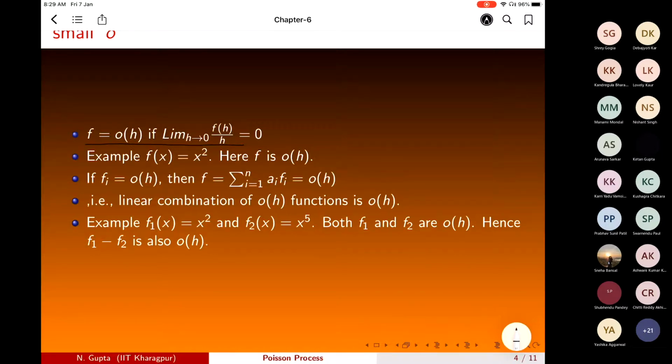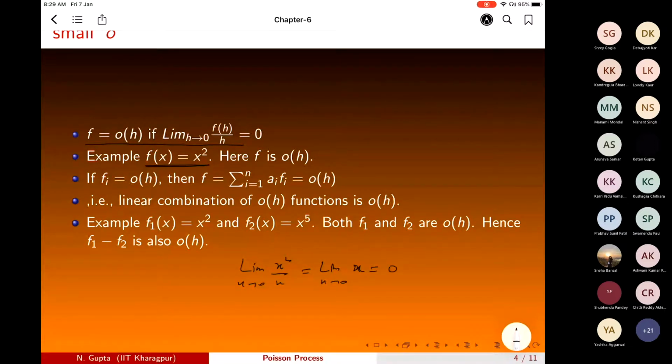For example, if we take x square, then the limit of x square upon x as x goes to 0 is 0. Therefore f(x) equal to x square is small o.